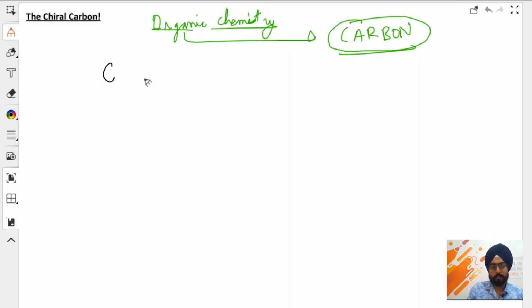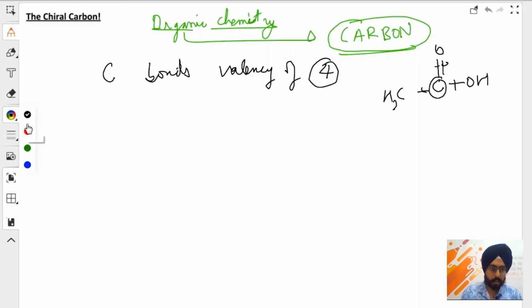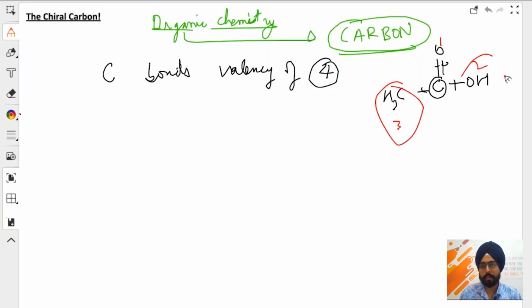Carbon forms bonds with a valency of 4. You have definitely seen the structure of acetic acid. Carbon has a valency of 1, 2, 3 and 4. Whatever carbon is bonded to, we don't need to worry about it, we will call them groups.